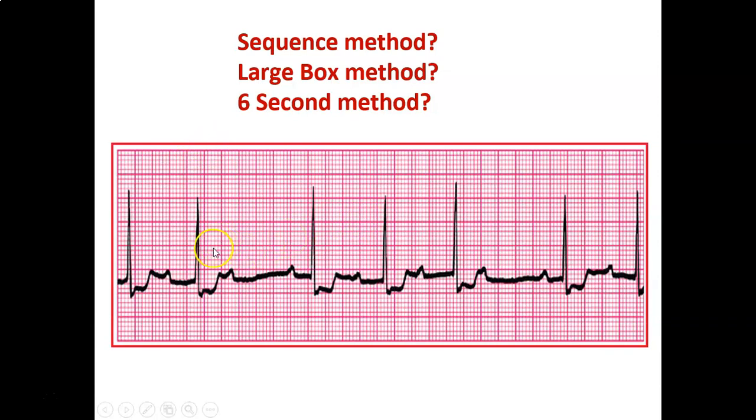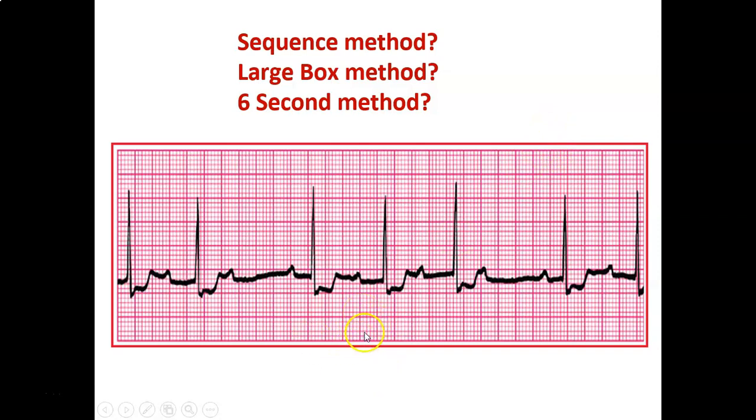Now again look at this one. This is irregular, so the 6 second method. By using this 6 second method, from here 1, 2, 3, 4, 5, 6, 7, 8. So this is a 6 second strip, and see how many RR intervals: 1, 2, 3, 4, 5, 6. 6 times 10 is 60, your heart rate.